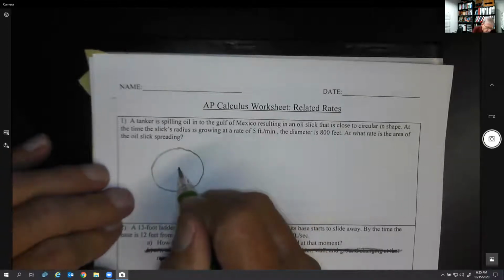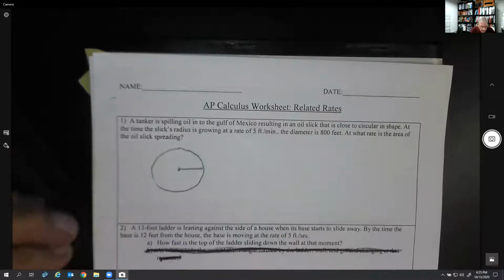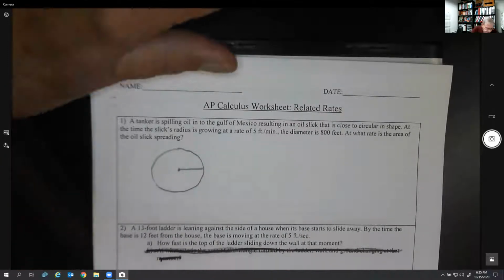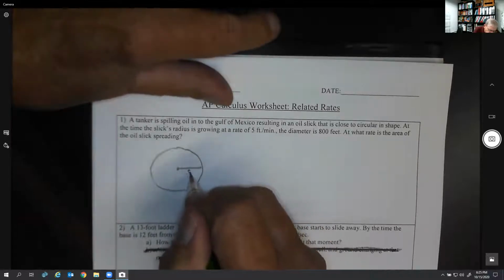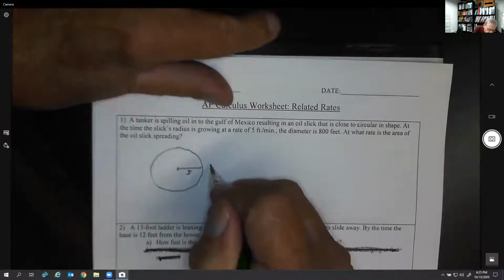We have a radius. So we usually start out by drawing a diagram if possible. And the rate is increasing. We have a rate, and we want to know when this hits 5 feet. We know the rate at which it's increasing.